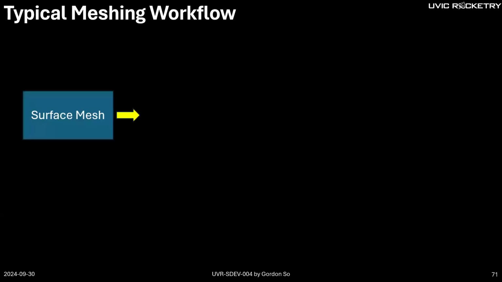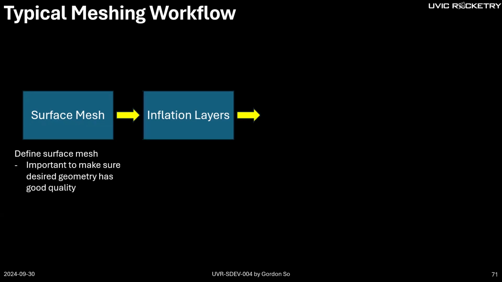So what does a typical meshing workflow look like? For a 3D workflow, since we'll focus on 3D, you start with a surface mesh. You define how small each cell would be on your surface. Of course, make sure you have good quality here, because you can always go back faster. Then you add an inflation layer, which captures boundary layers.